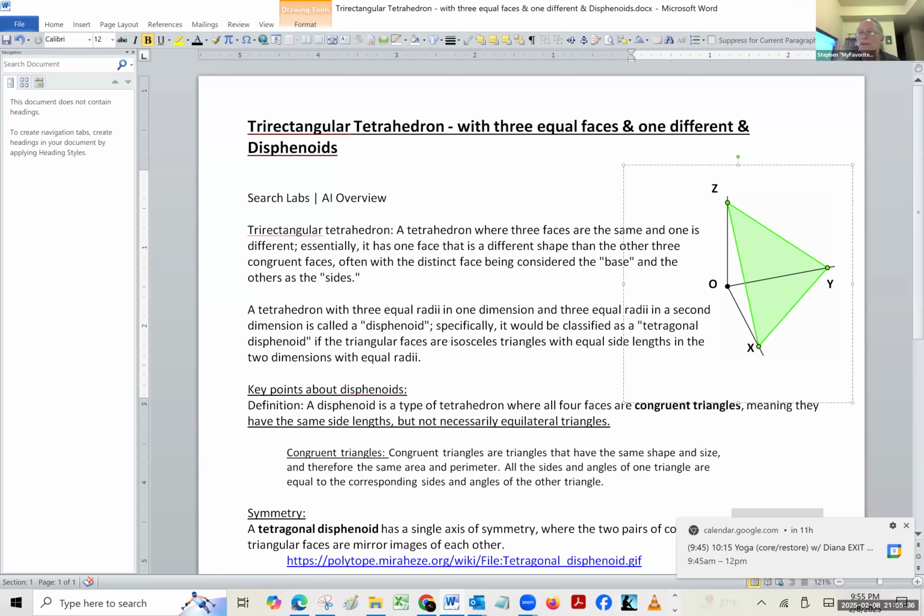And as soon as I draw that sphere, the sphere has a radius from O, from observer. So all these lengths from O to X, from O to Z, from O to Y have to be equal because there's a sphere of influence.